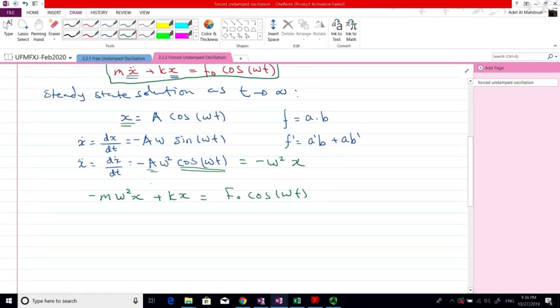All right. So let's take a common factor of x. Then we'll have k minus m omega squared, x. Oh, sorry, there's no x in it. We'll have k minus m omega squared times x equal to F naught cosine omega t.